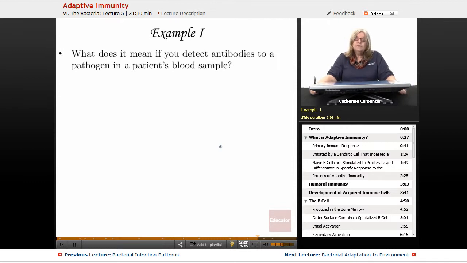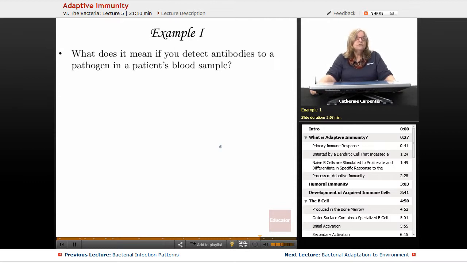And sometimes what we do is draw what's called an antibody titer, where we determine whether or not the patient needs a second vaccine or a booster.